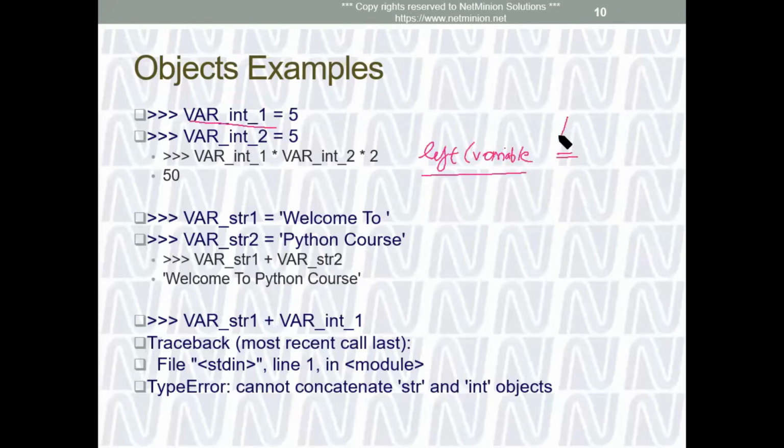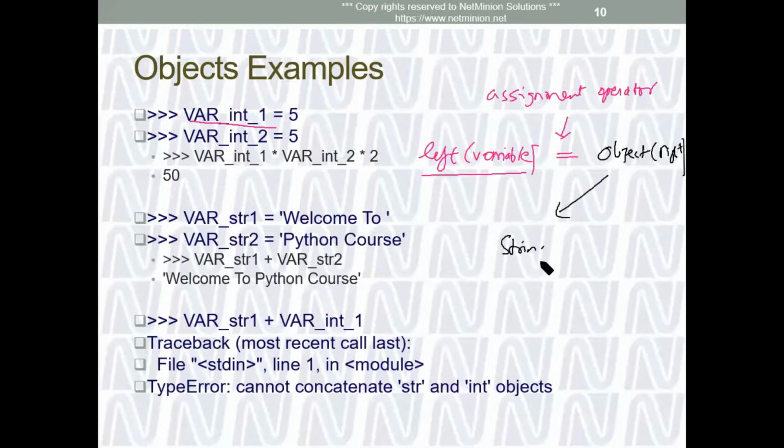Whatever we are writing over here is known as an assignment operator. We are assigning a value, and right hand side is always an object. An object can have any data type.